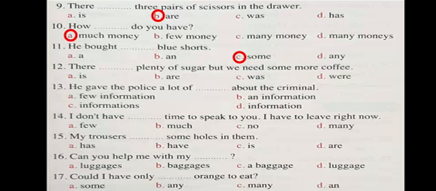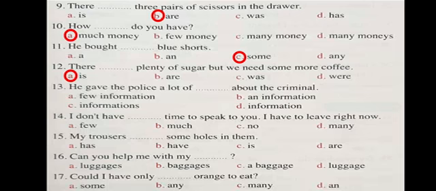12. There is plenty of sugar, but we need some more coffee. Of course, plenty of: is, are, was, were. Plenty of sugar is uncountable, and the uncountable is always singular. So we have is or was, but the sentence itself is in the present form, so the answer is is. 13.